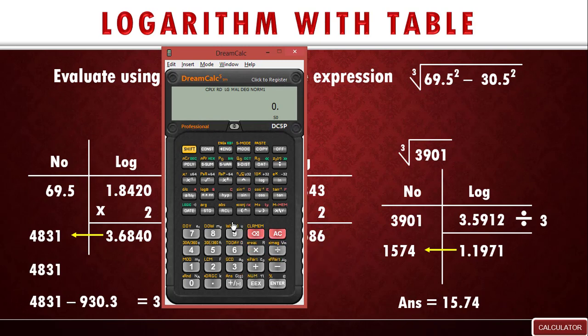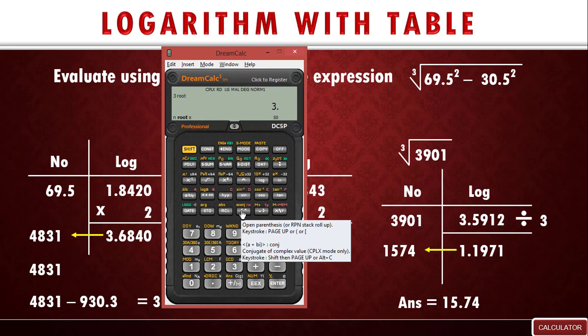In order to do the cube root, if you're making use of the calculator that is using prefix style, all you need to do is to press 3 and then press your shift or second function and press this. You can see n root here. That's the function we're making use of. Then press that. That will show 3 root. And then the next thing to do is to use your open and close brackets.